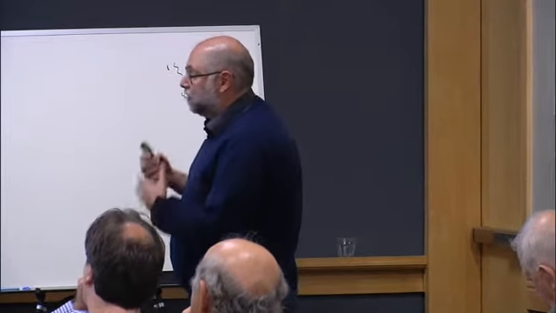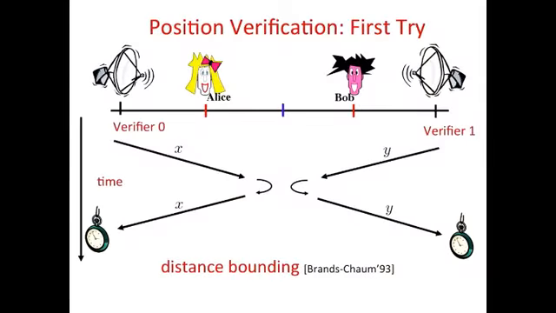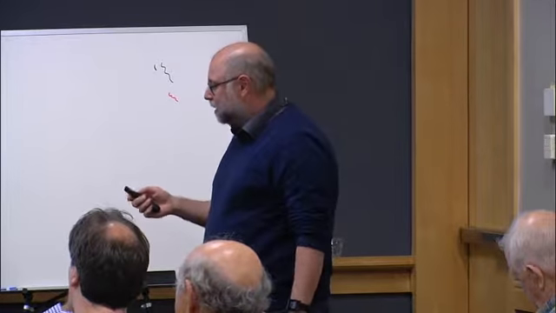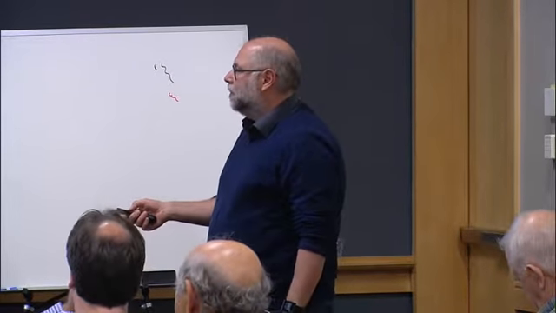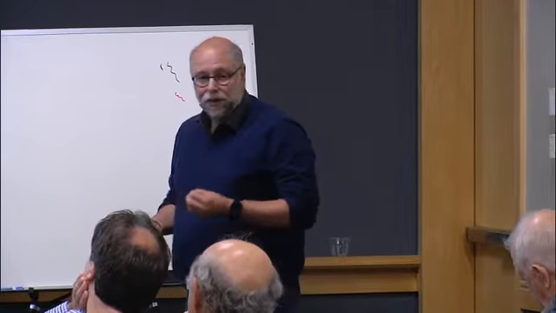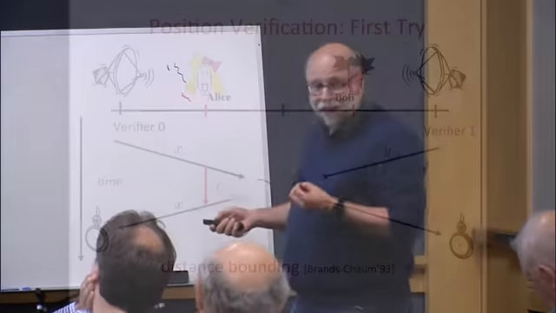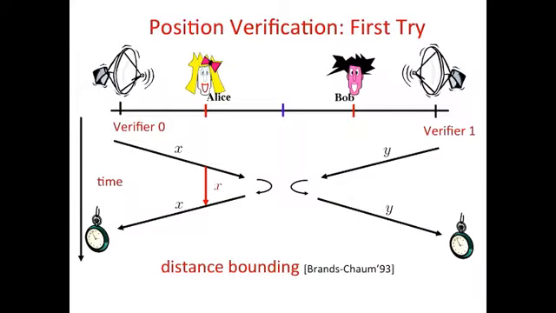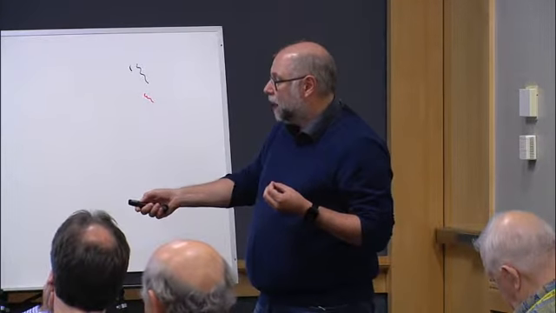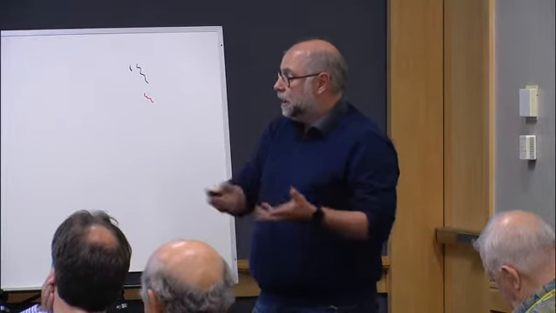But it isn't, because we have to now see whether there can be an Alice and a Bob that fake the whole thing. And there can be, because what Alice can do is the following. She can intercept this X when it passes by here, and she stores it, and she waits the same amount of time that it would have taken the message to go to the blue spot and back, and then once it is here, she sends it back to the verifier.